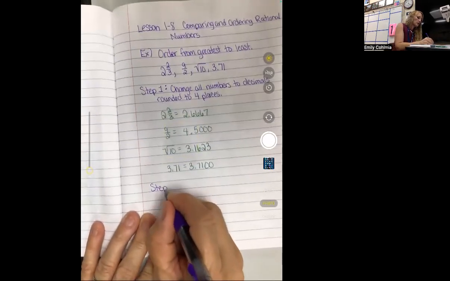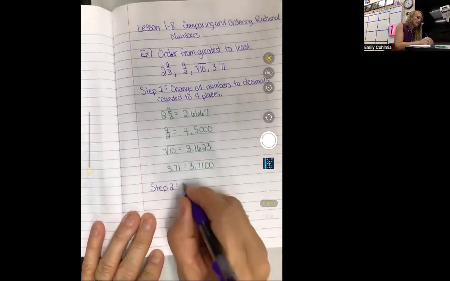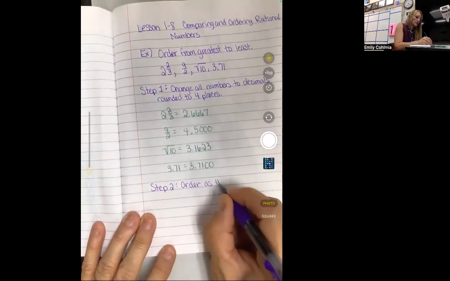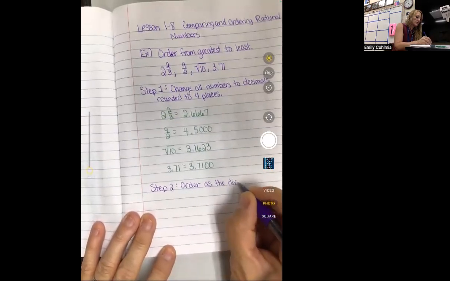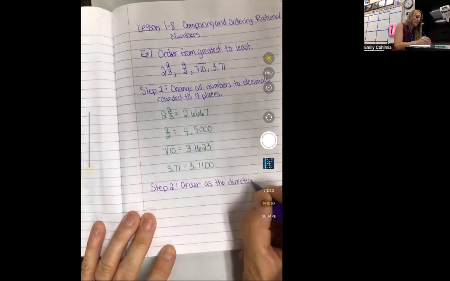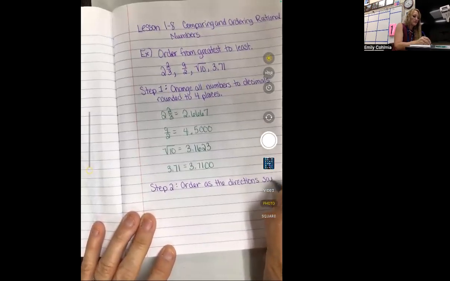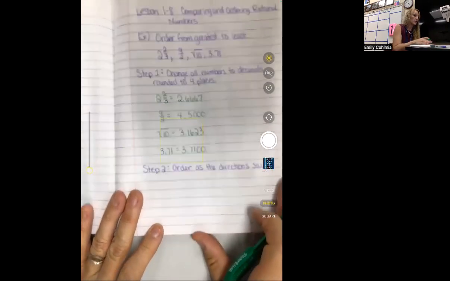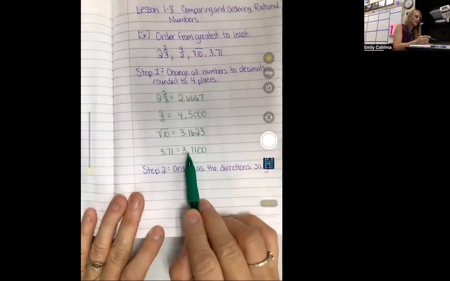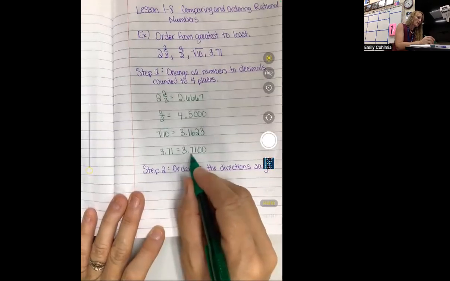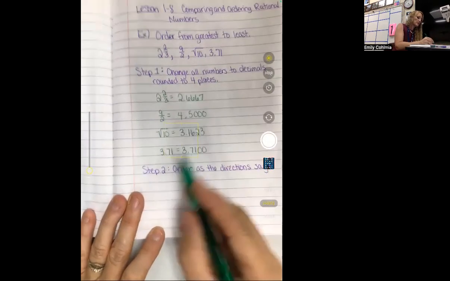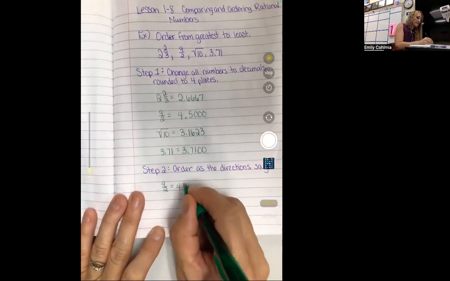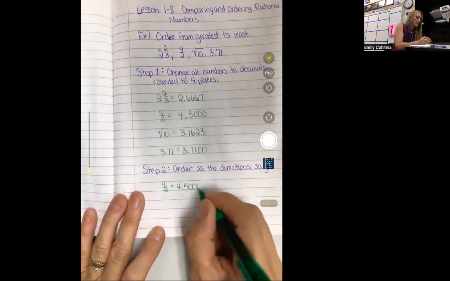So step 2 is order as the directions say. So in this case, the directions say from greatest to least. So the greatest number is the 9/2, which is the 4.5000.